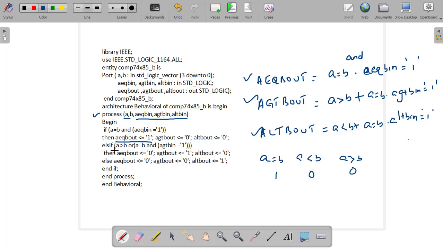Else if a greater than b, see a greater than b, or, here there is a plus, or a equal to b and we have dot ended with a greater than b and should be 1. Then what will be the output? A equal to b should be 0, a less than b should be 0, a greater than b should be 1.